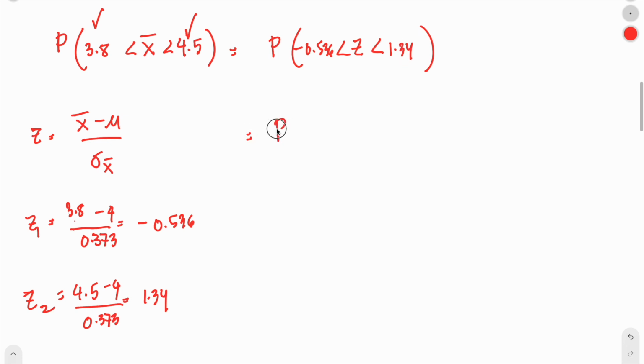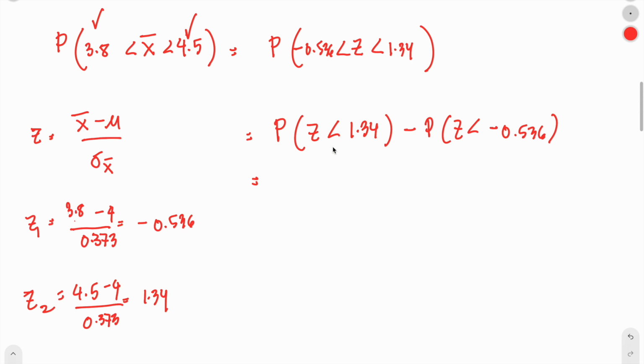Or should I say, probability that z is less than 1.34 minus probability that z is less than negative 0.536.